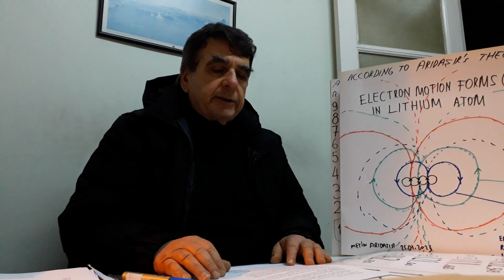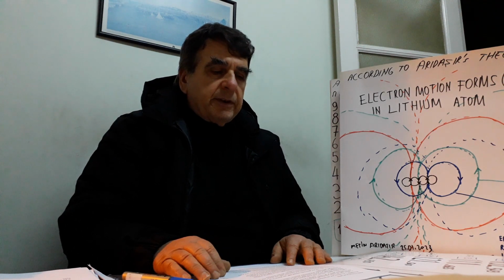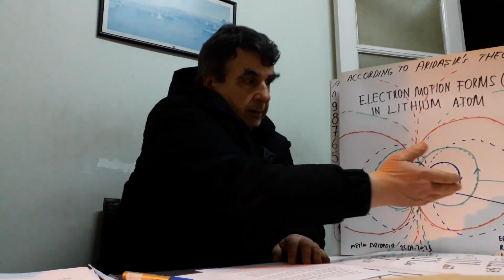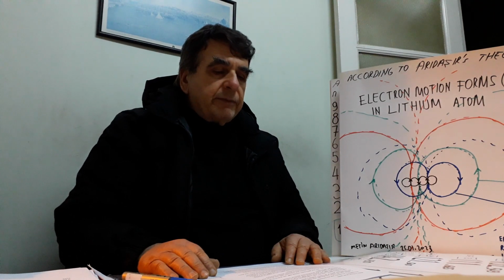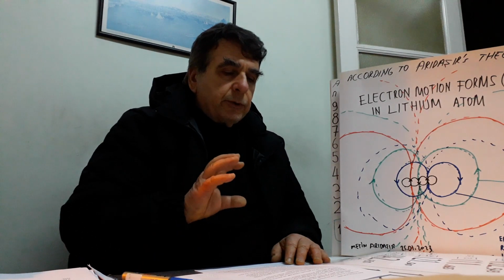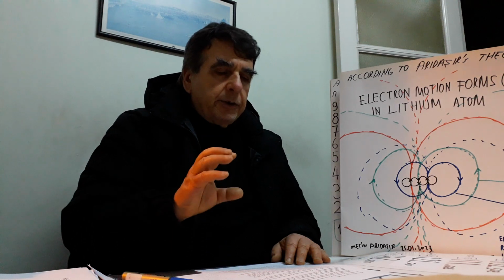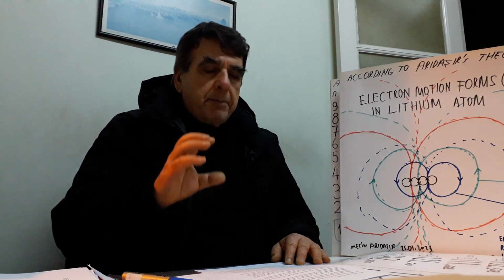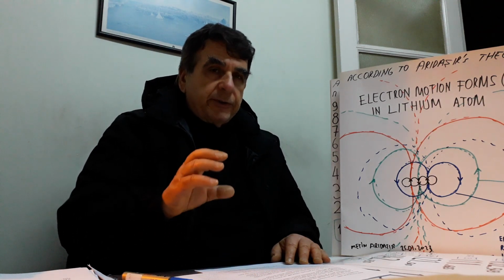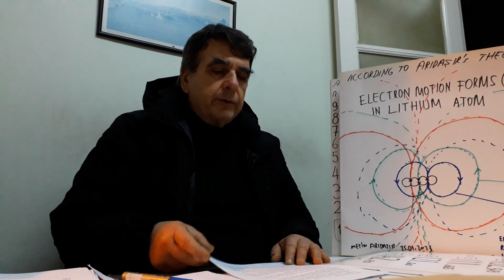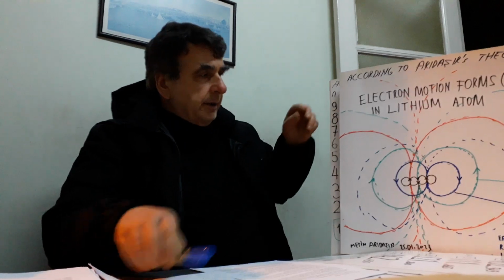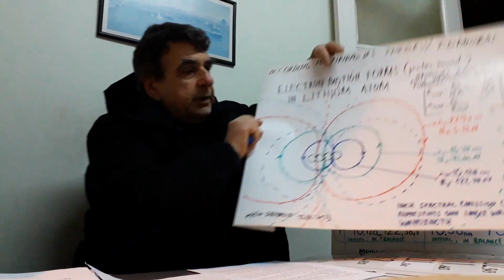Each proton-bound electron motion form has a new specific different initial wavelength in an atom, and each of these wavelengths corresponds to a different initial imbalance energy, say ionization energy or ground state energy, for each proton-bound electron motion form.